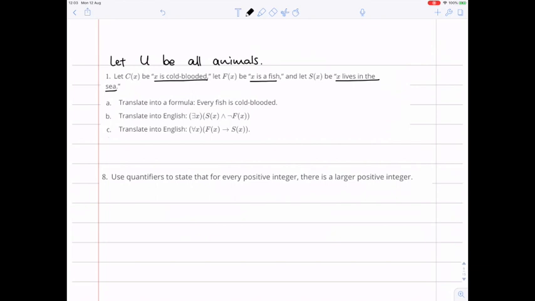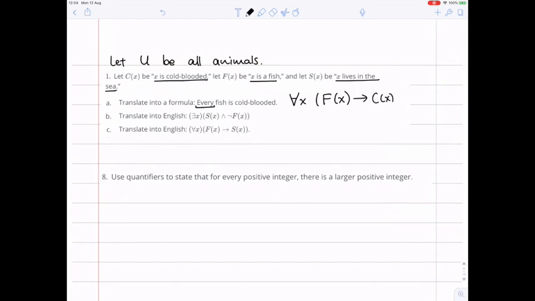We start by saying we need every, or for all x, such that if you're a fish, that will mean that you're cold-blooded.